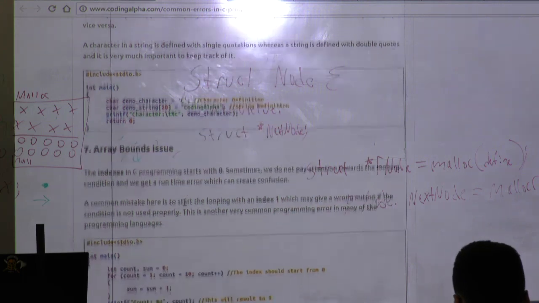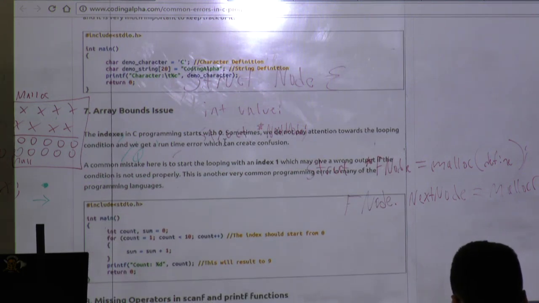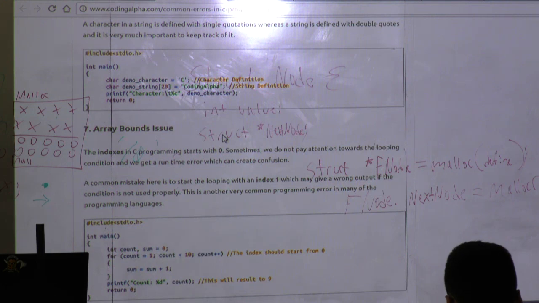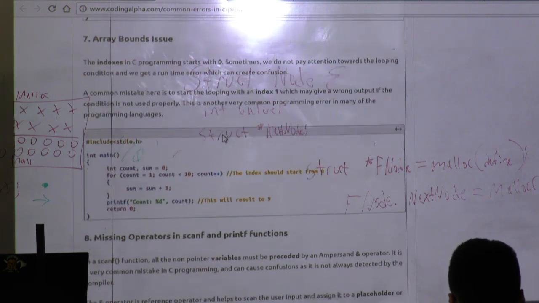Array bounds. As I said earlier, arrays start at 0 and they end at the size minus 1. So when looping through your array, you have to make sure that you don't go beyond the scope of your array. And that's a memory leak issue also, if you wanted to know: if you go past the scope of your array, you go into memory you shouldn't be accessing.